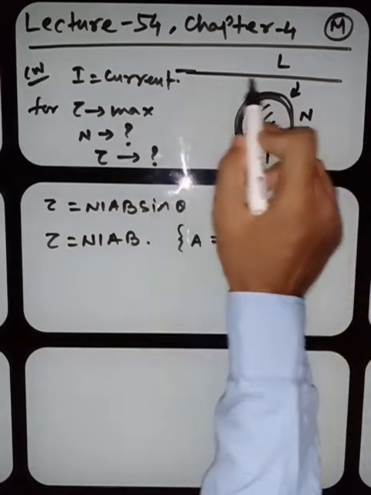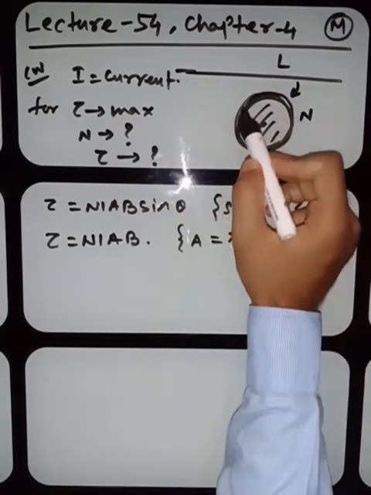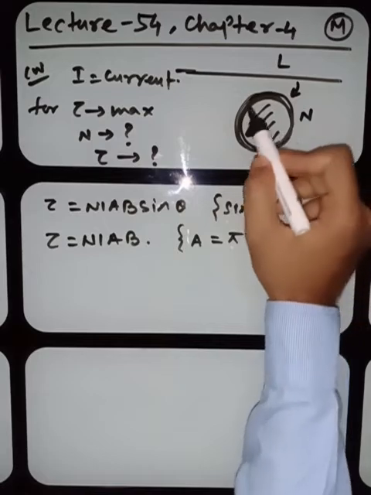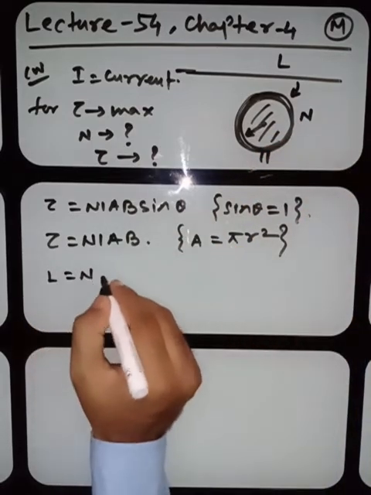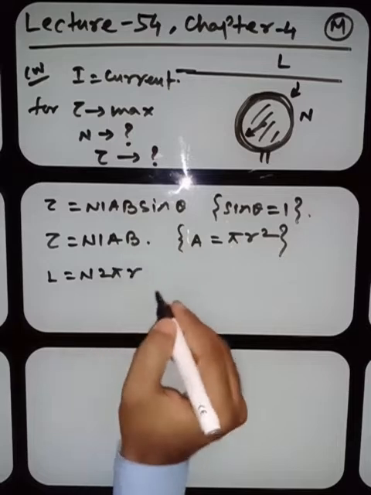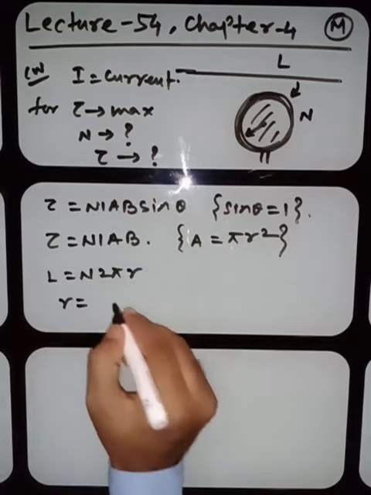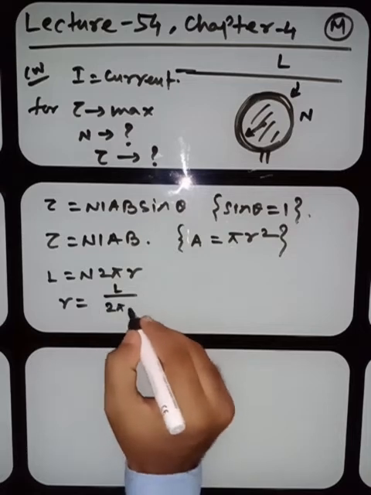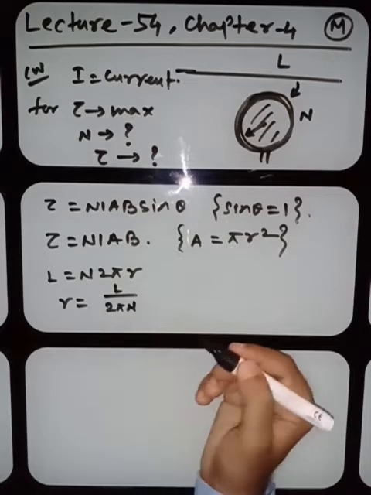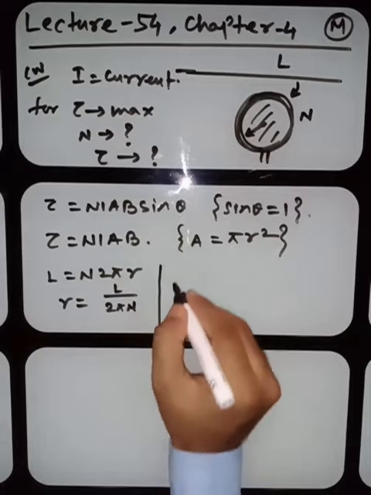Since this length L gives 2 pi r per turn, and there are N turns, L is N times 2 pi r. So you can find the value of r from here: r is L by 2 pi N. Very simple. Now you can find the area also.